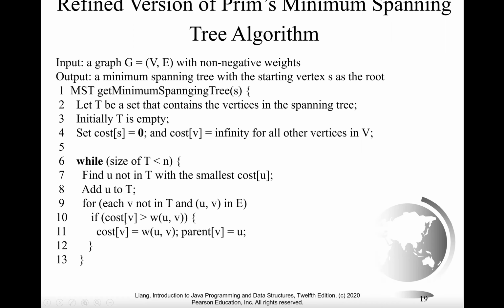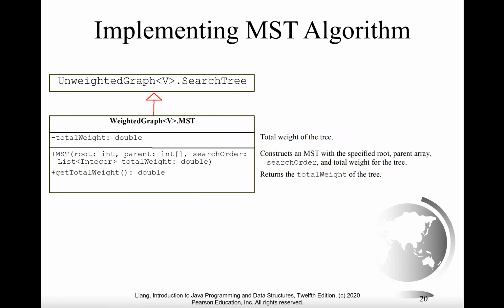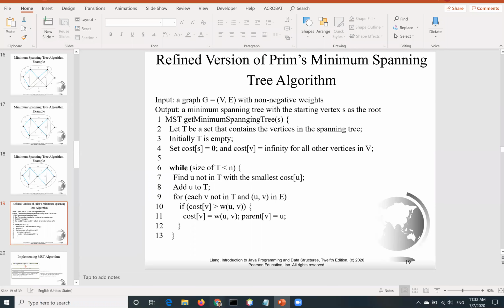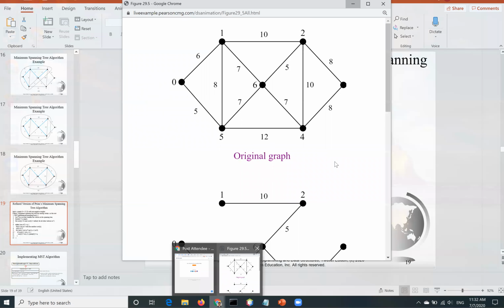If the cost of v currently is greater than the weight of uv, we're going to update cost v, and change the parent of v to u. The way this works, you can look at the animation for this. So let's look at the animation in the book. I'm going to show you the animation now.